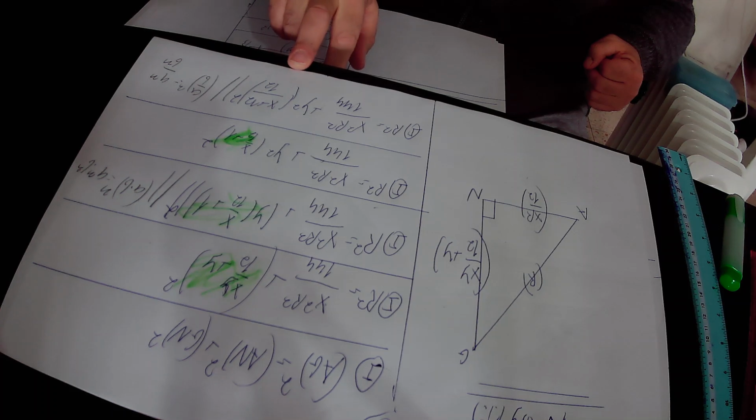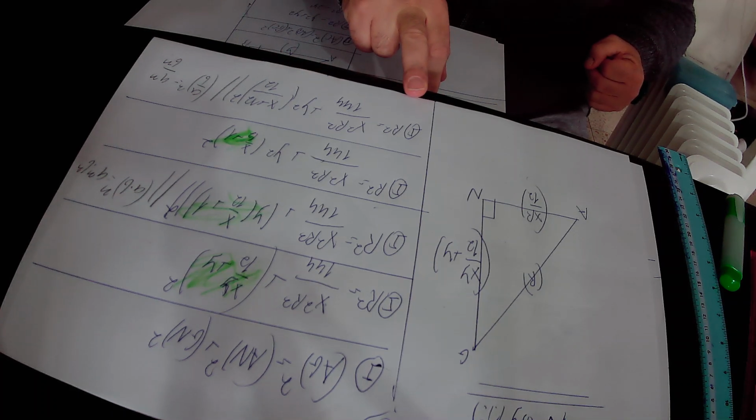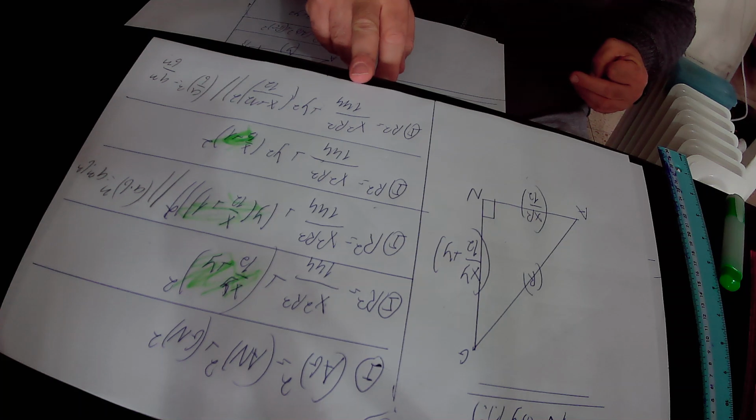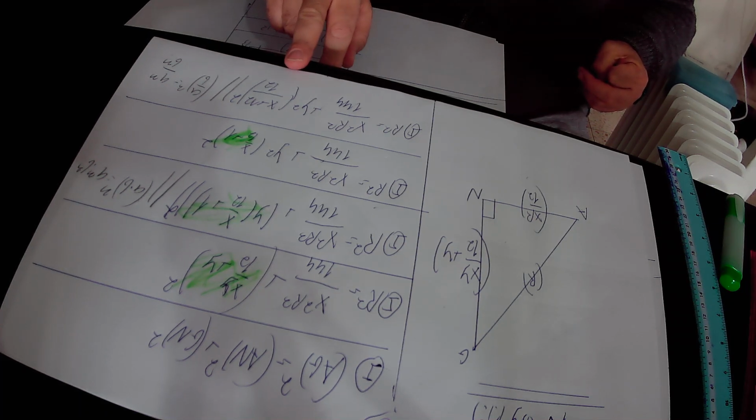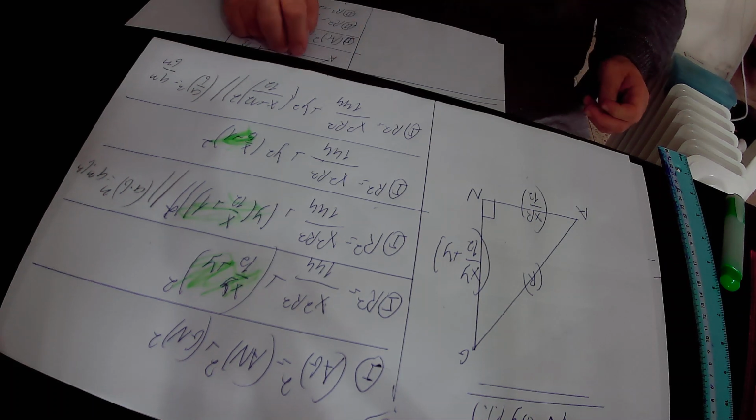So here we have, according to equation 1, r squared equals x squared times r squared over 144 plus y squared, and here we have x plus 12 over 12 squared.